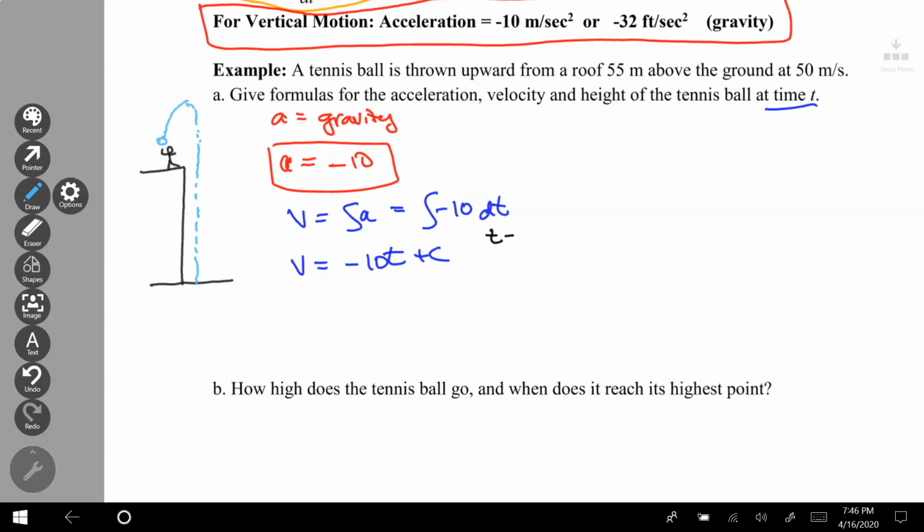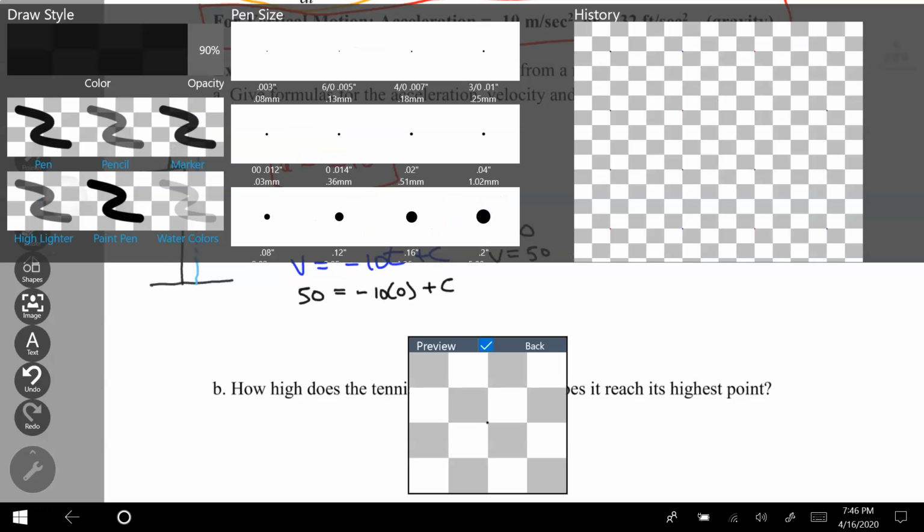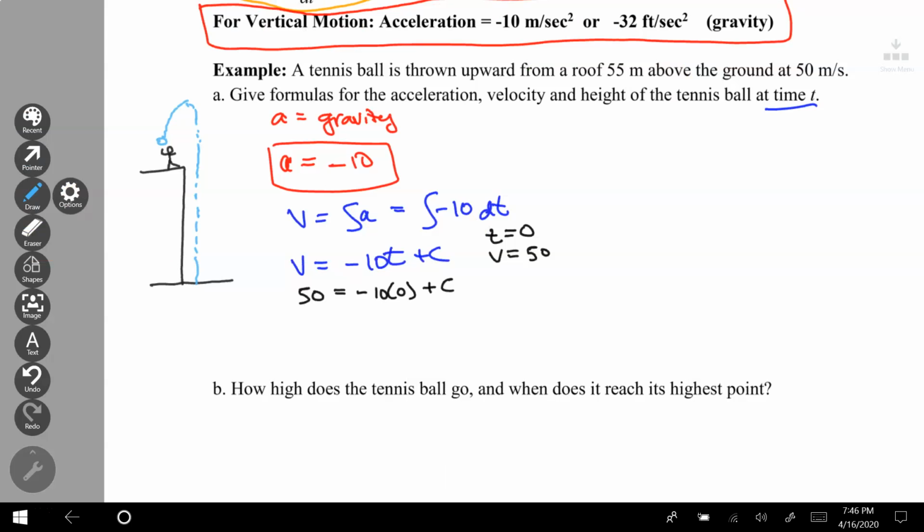At the very beginning, at t equals 0, I have an initial velocity equal to 50 meters per second. So I plug this in, v equals negative 10 times 0 plus c, and that gives me a result of c is equal to 50.